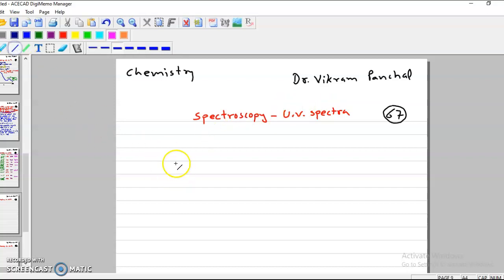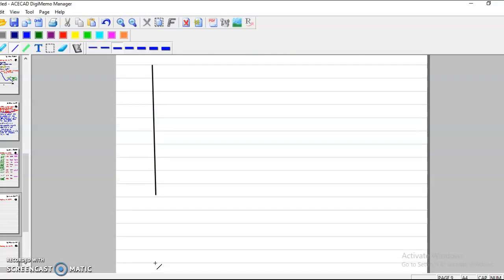Now we'll take one more example of different functional groups with value of epsilon. So we take the graph of epsilon versus wavelength in nanometer, okay, and it can be 50,000 over here and 1 lakh over here, okay.